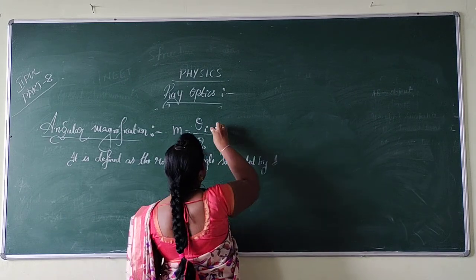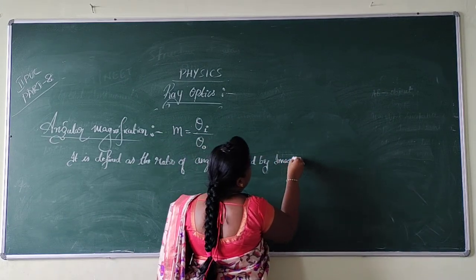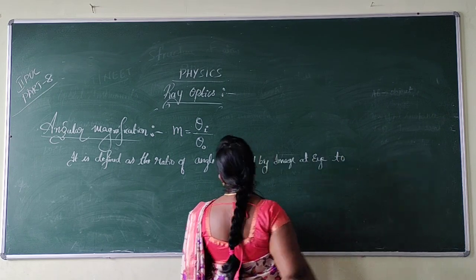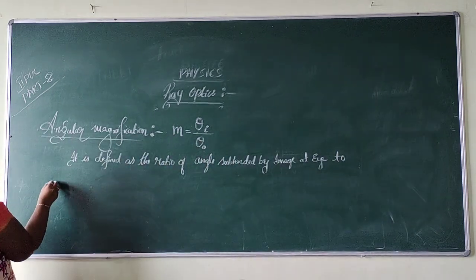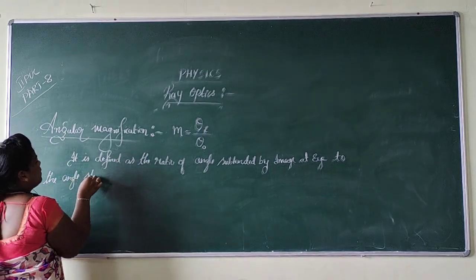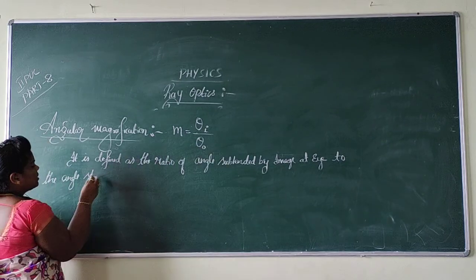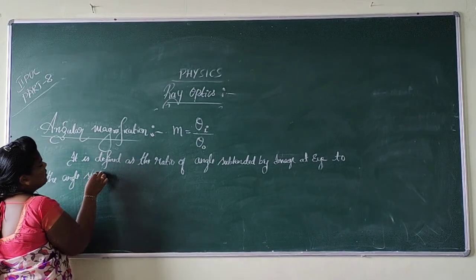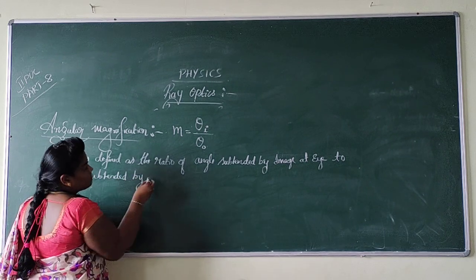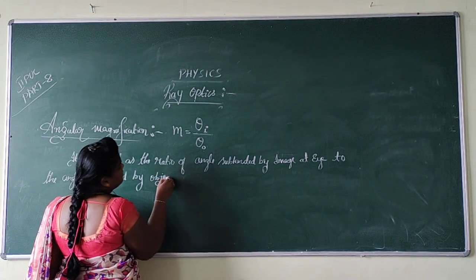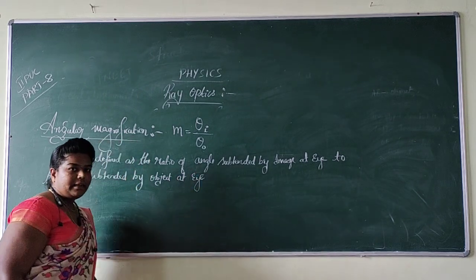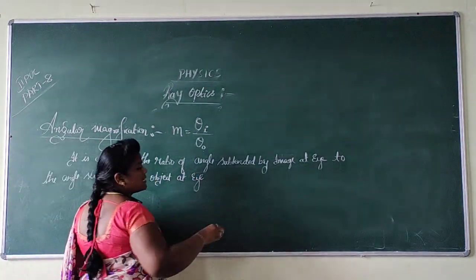Subtended by the image, because here it is theta I, right? Subtended by the image at the eye, to the angle subtended by theta naught, meaning the object, at the eye.